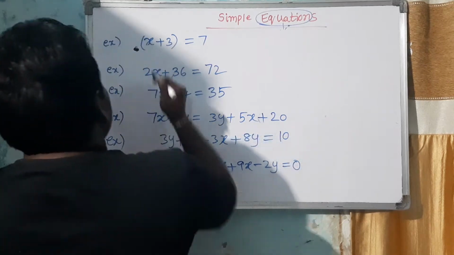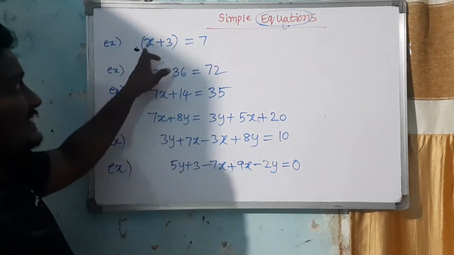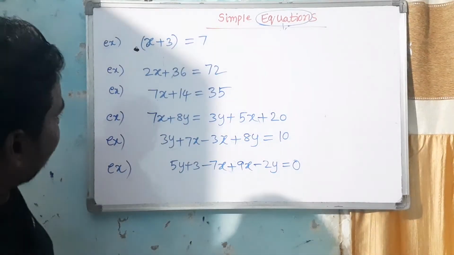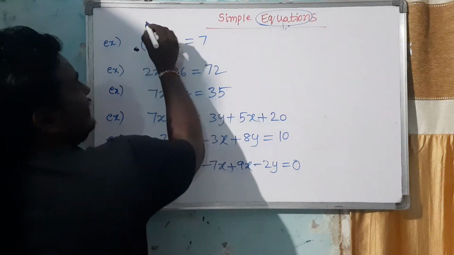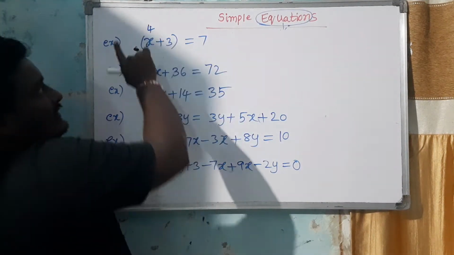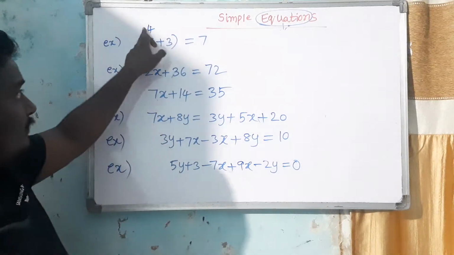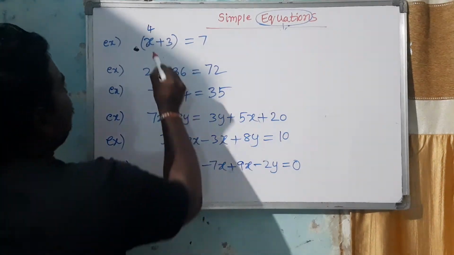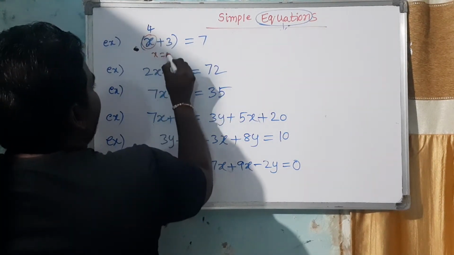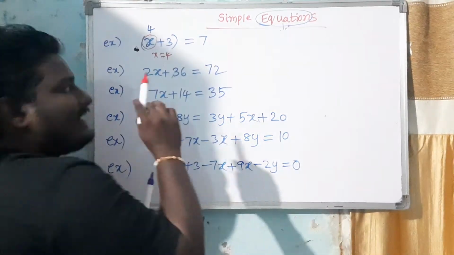So, x plus 3 equal to 7. How to solve it? If we place 4 in place of x, the equation is satisfied: 4 plus 3 equal to 7. So the x value is 4.